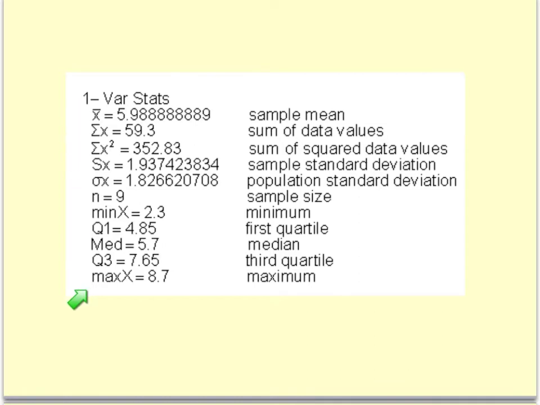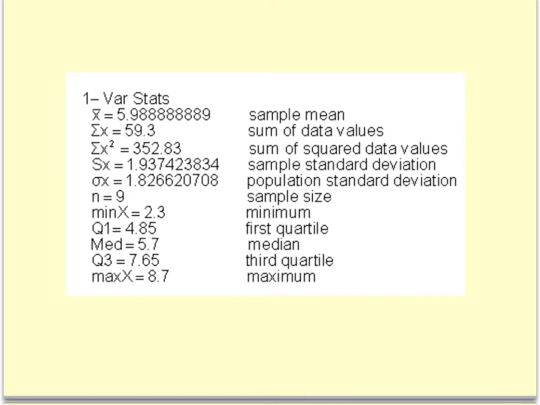We've used this for the 5-number summary. X bar means sample mean. Sigma X, capital Sigma, is just the sum of all the data values. The next one would be the sum of the squared data values. And then we get to this S, which is the standard deviation for a sample. If they use the lowercase sigma, that is the standard deviation for a population.